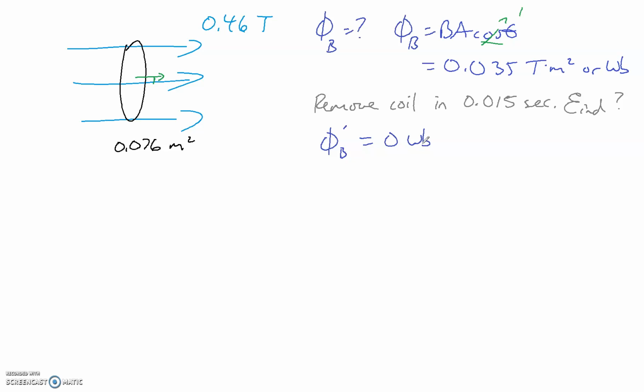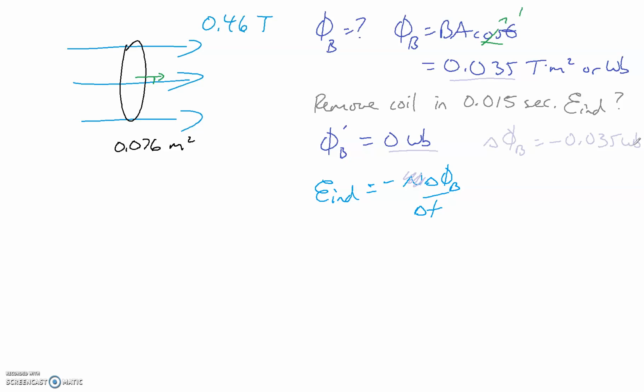It's got nothing. So what I need to do is incorporate that into my expression. If I look at the induced EMF expression that we had last time, it was negative N change in magnetic flux divided by change in time. Well, my N value I don't have to worry about. There's one coil, so that's just 1. And it's not about how much flux you have, it's about how your flux has changed. So if I started with 0.035 and now I'm down to 0, if I subtract the two, my change in magnetic flux was negative 0.035 Webers.